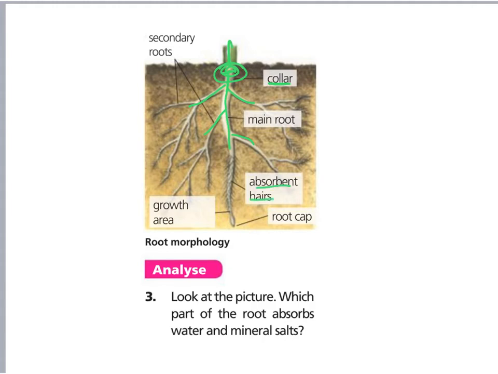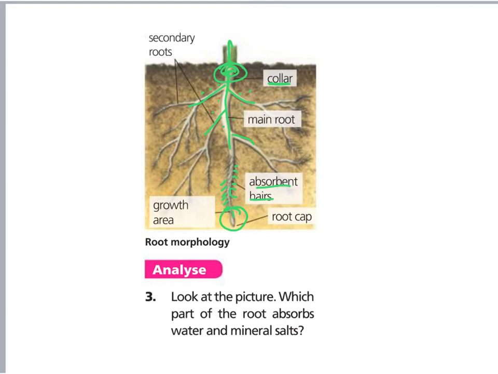As you can see here, these roots are just for anchoring the plant to the ground. Then you are going to see that when the root becomes smaller and smaller, here they have hairs. These hairs are called absorbent hairs, and the function is absorbing water and mineral salts.